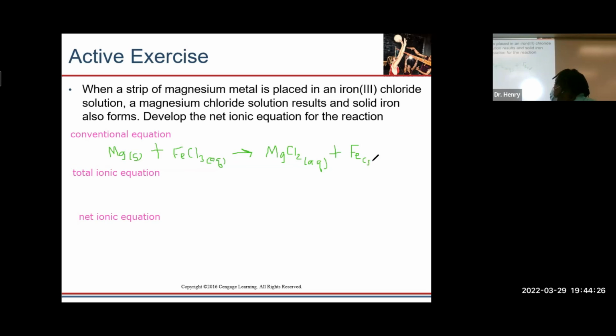Okay, is that balanced? No. What do I need to do to balance it? Okay, but is that the first thing that you do?